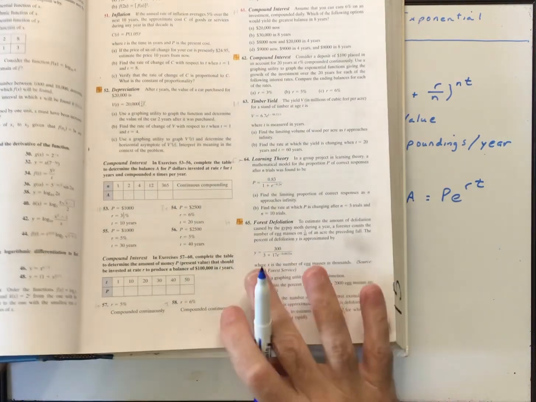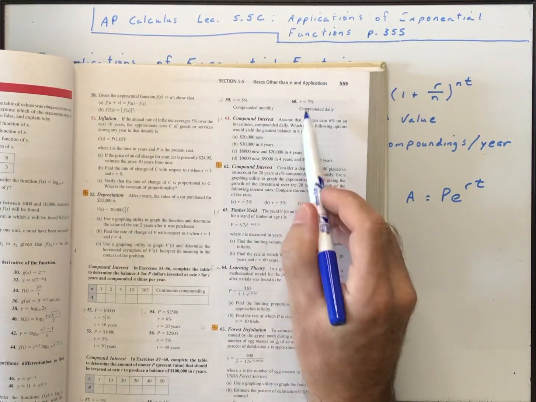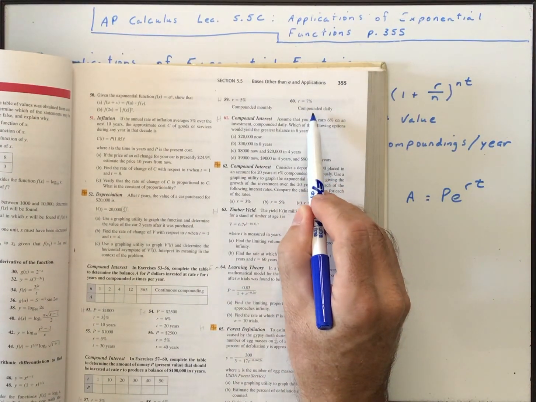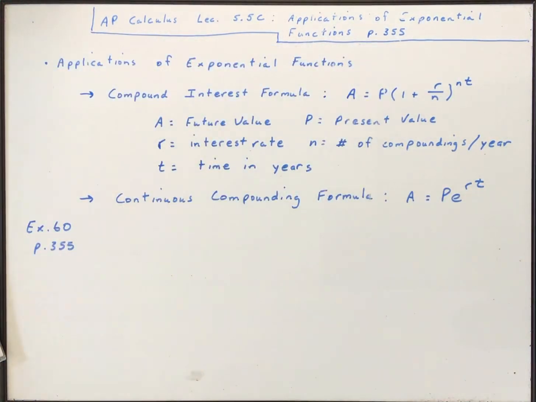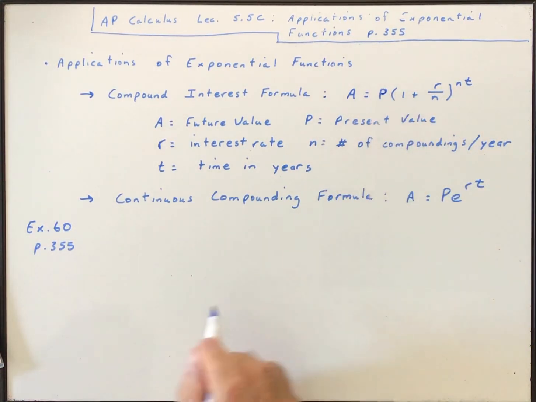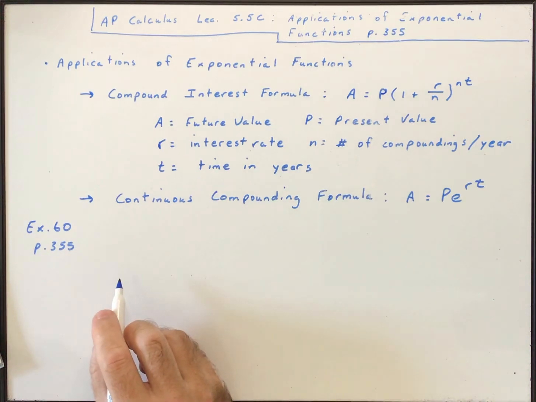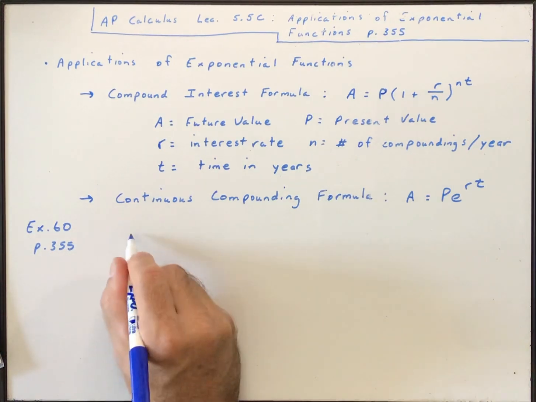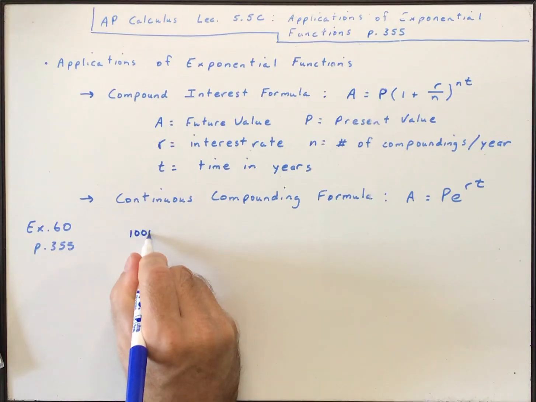And number 60 says the rate is 7% and it's compounded daily. So instead of finding A, we're going to be finding P. So A is 100,000. That's how much we want to get.